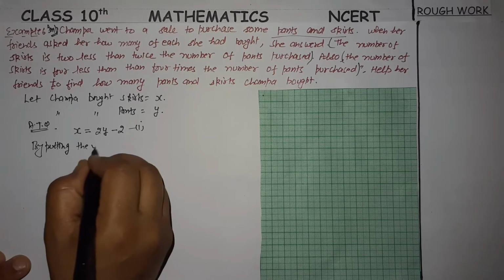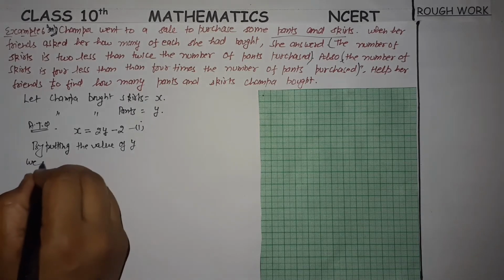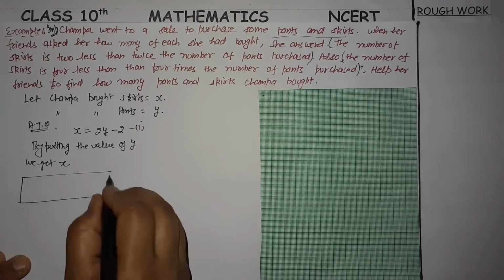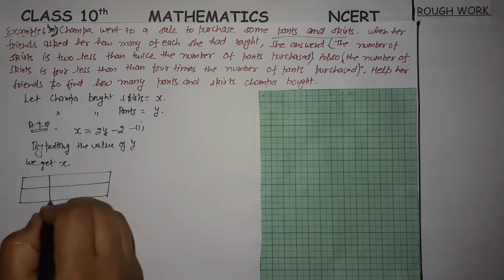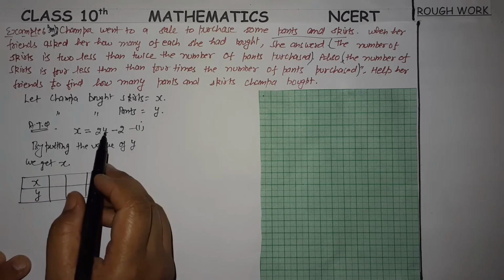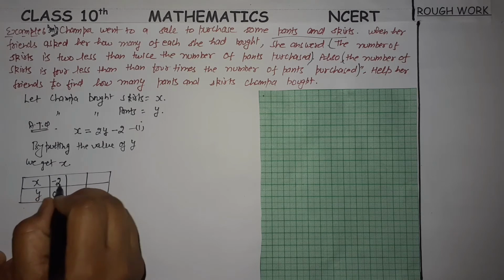Already equation 1 is expressed in terms of y. By putting the value of y, we get x. Box. Put y equals 0. The next comes minus 2.